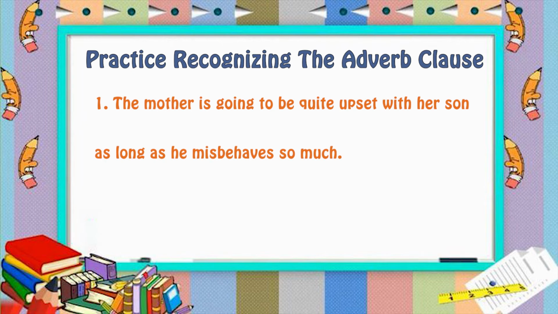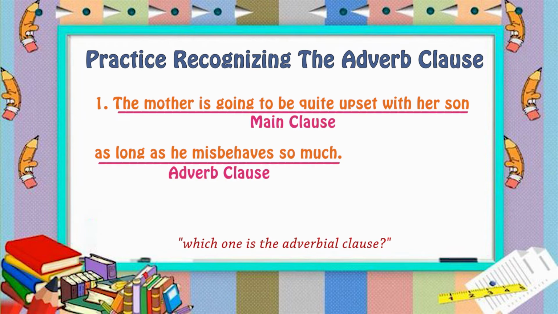Number 1: the mother is going to be quite upset with her son as long as he misbehaves so much. Which one is the adverbial clause? Yes, as long as he misbehaves so much. The connector, followed by subject and verb.